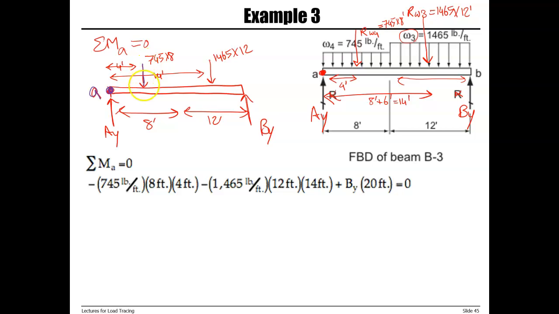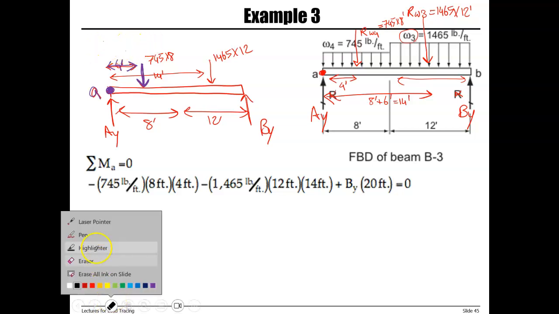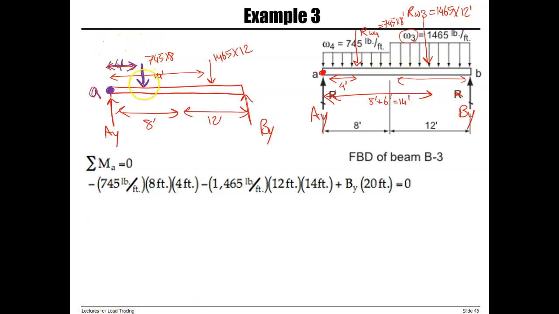Then we have this one, which is the resultant of W4, and the distance is 4 feet. Around point A, it will cause a clockwise moment. So the moment of this load is clockwise, and we're going to use a negative sign.